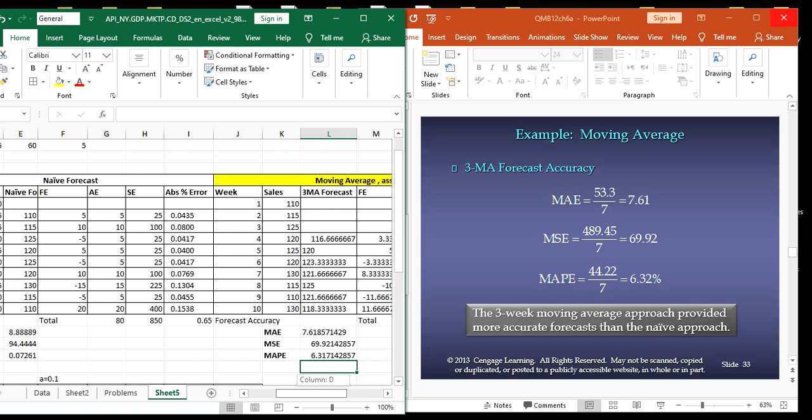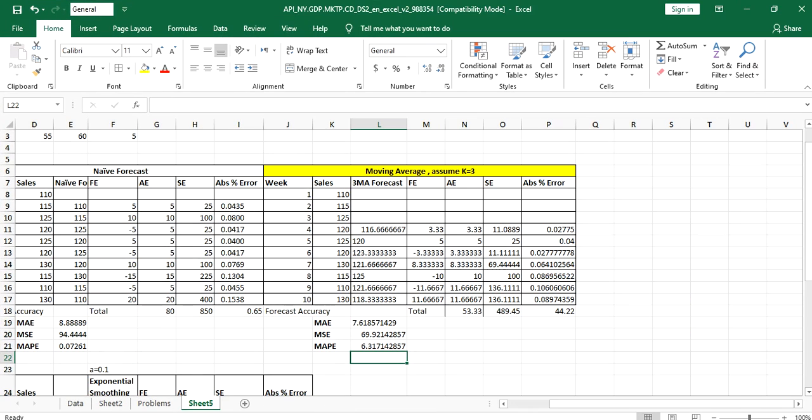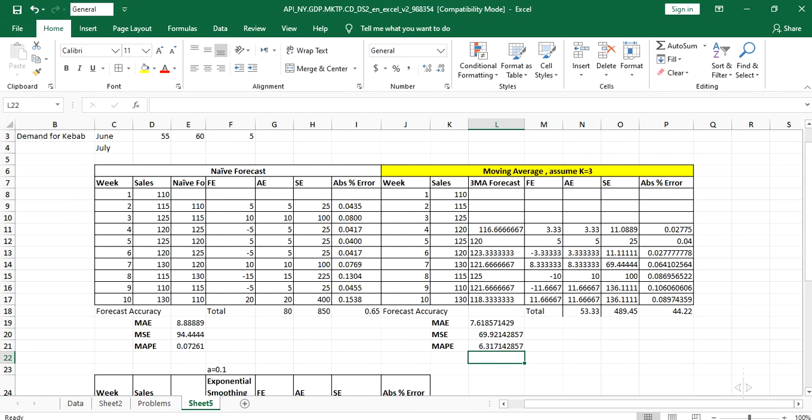So now let's compare what we obtained from naive forecasting and moving average forecasting. As we see, the mean of absolute errors here is smaller than this one. And the mean of squared errors is smaller than that one.